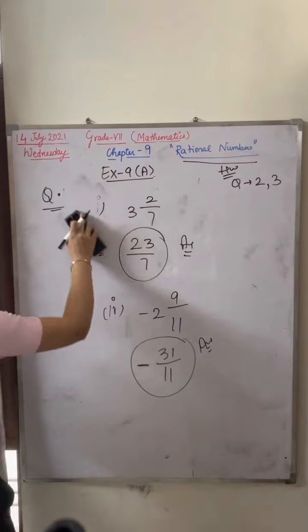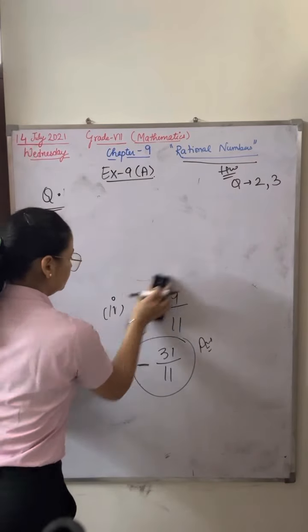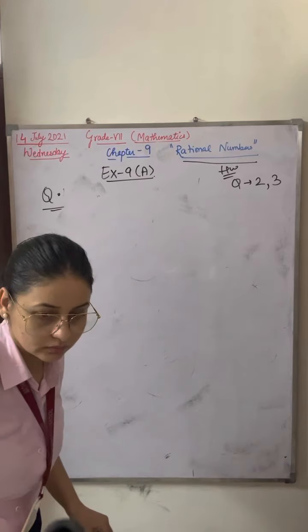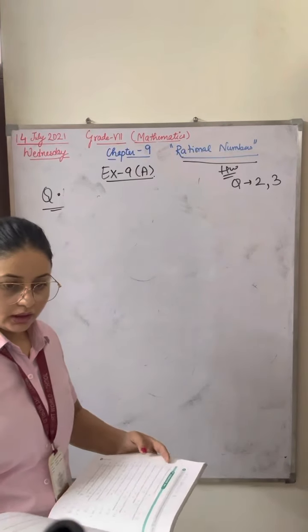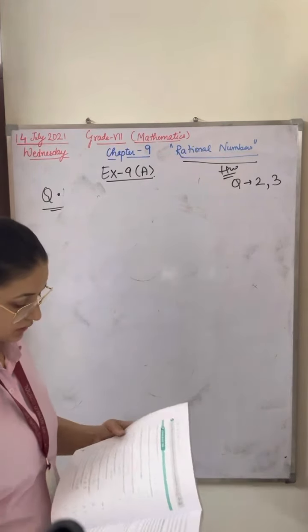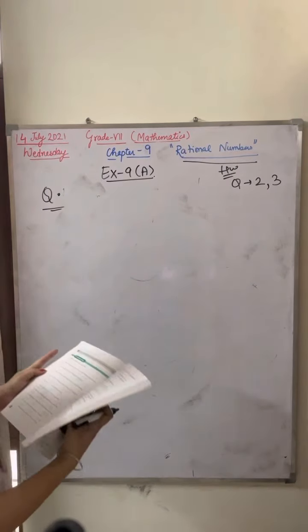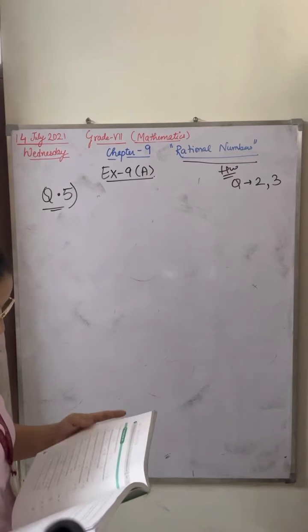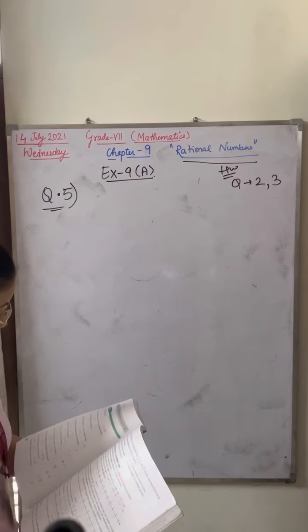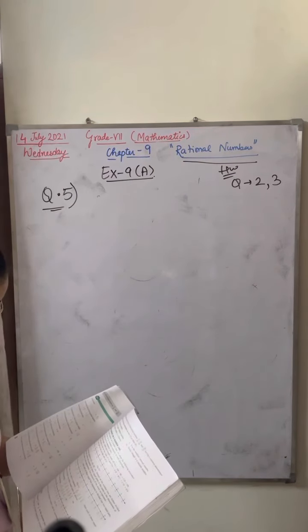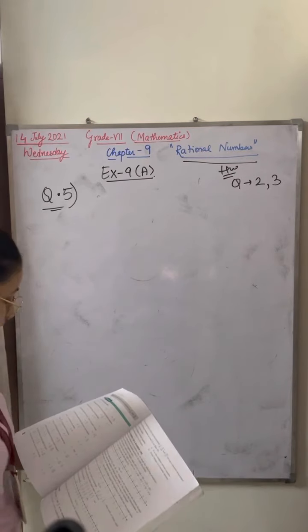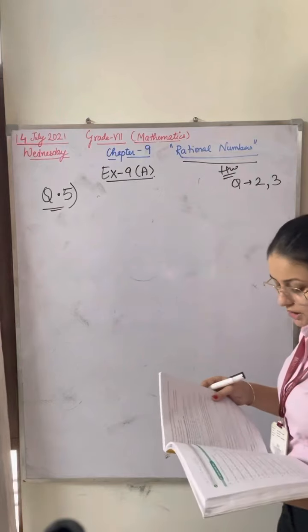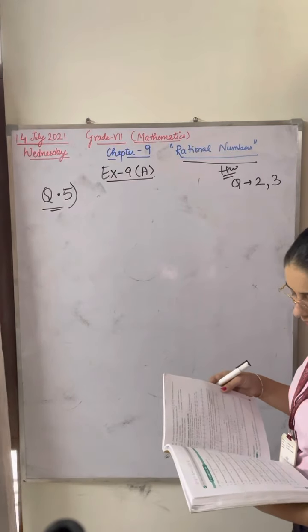Open question 5th, everyone. Question 5th is: write each of the following numbers with positive denominator.